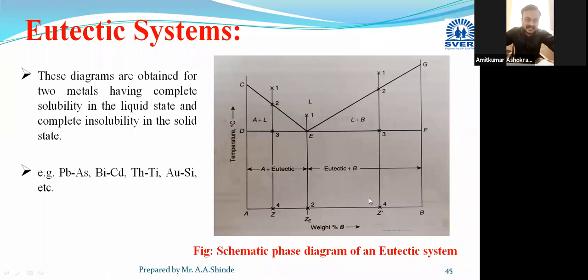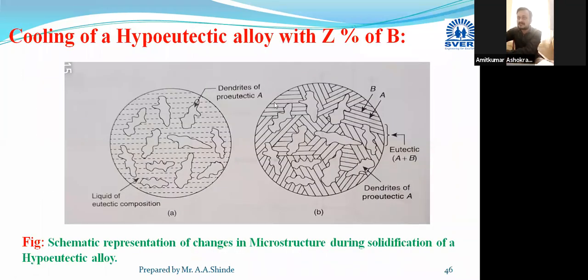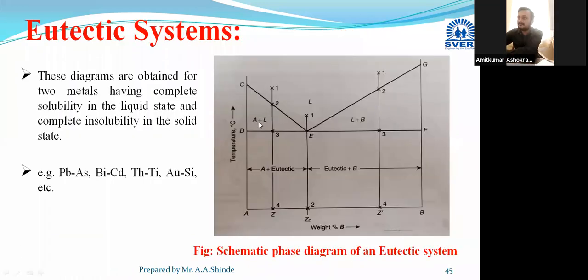Is it clear? If you have any query, please ask me. This is the microstructural changes for the hypoeutectic alloy. If it is clear, I will move to the next point. First I have explained the cooling of the hypoeutectic alloy.